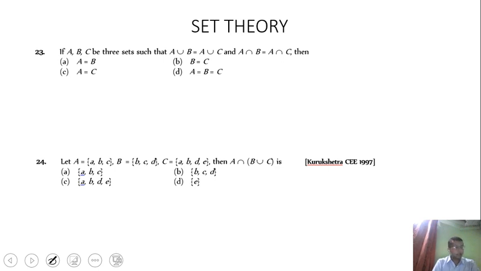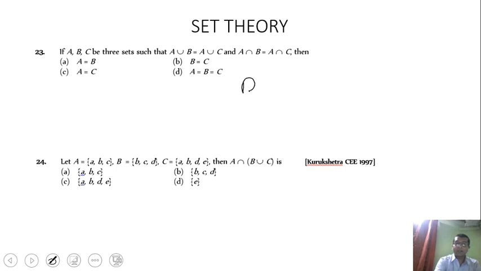Next, example number 23. Here A, B, C are three sets. They are related by A union B equal to A union C. A is common.